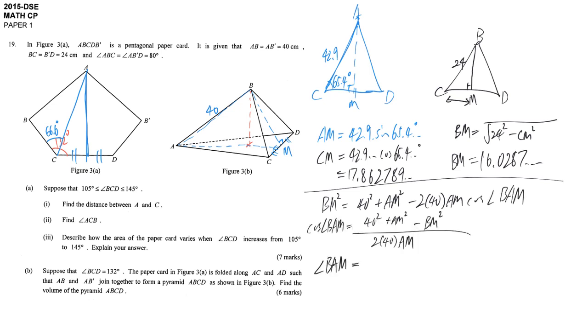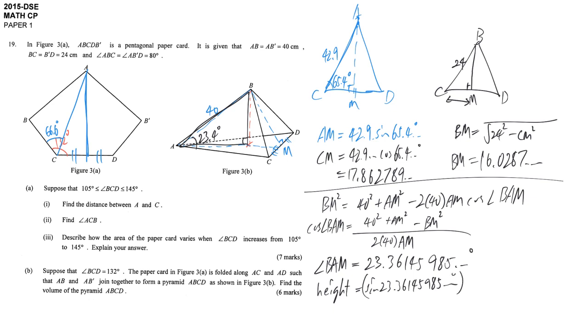So we get this angle is 23.36145985 something degrees. And then we can get the height now by observing this right-angled triangle. The height is equal to the sine ratio times the hypotenuse 40.